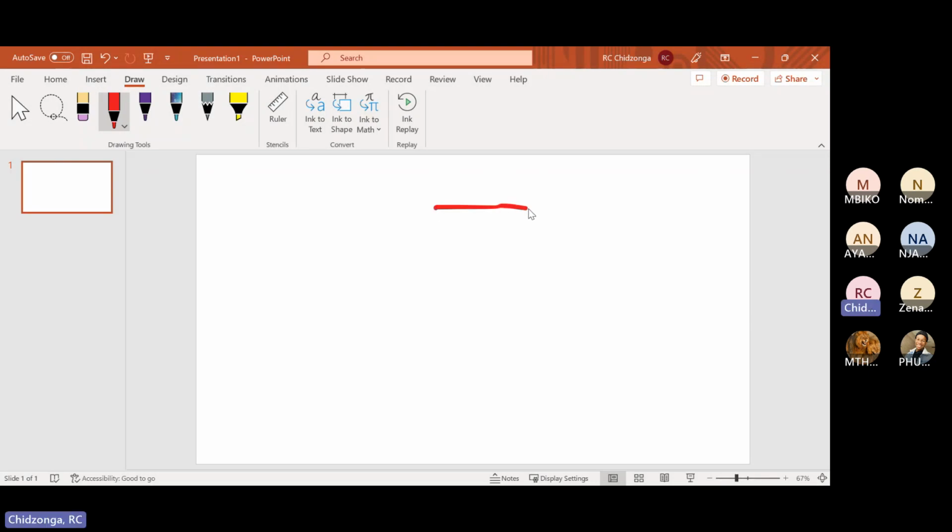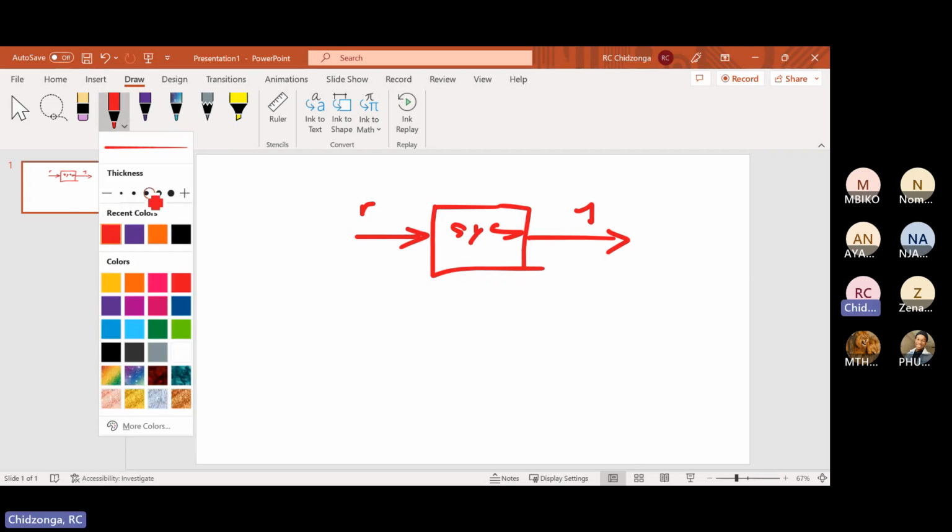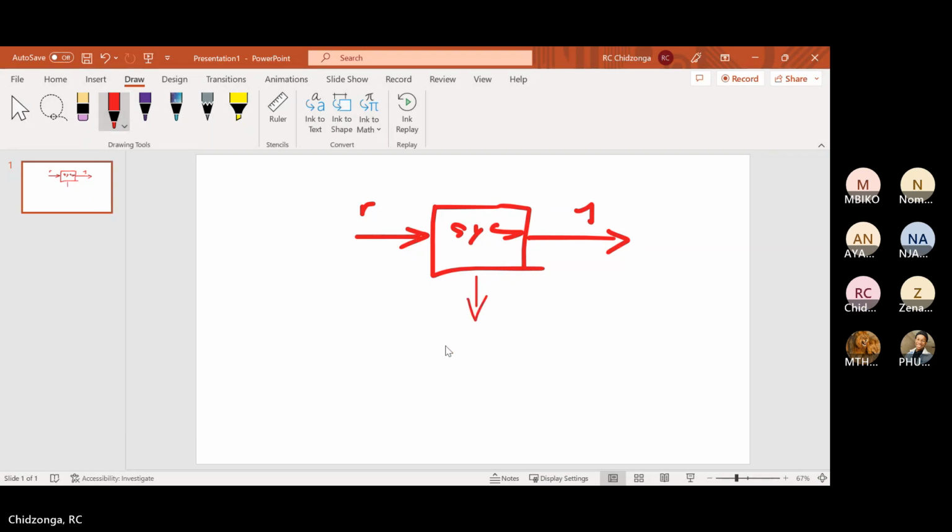Now remember, when we started, we had a system. And we said this system has got an input R and it has got an output Y. Now, in our space, this system, we said we can model it.